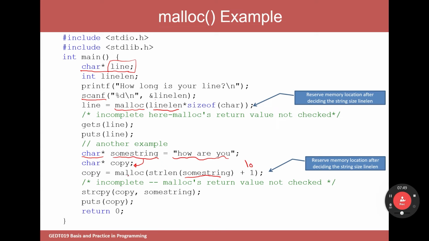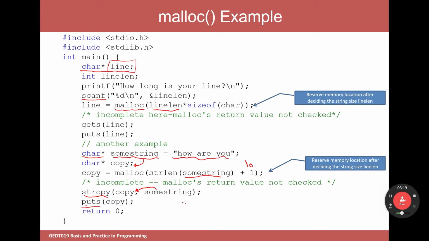So I reserve in the memory the size of this string plus the null character, and then after that I use the string copy, which we learned last time, from some string to this new string. And then here I print the copy to show you that copy has already got the value of this string.